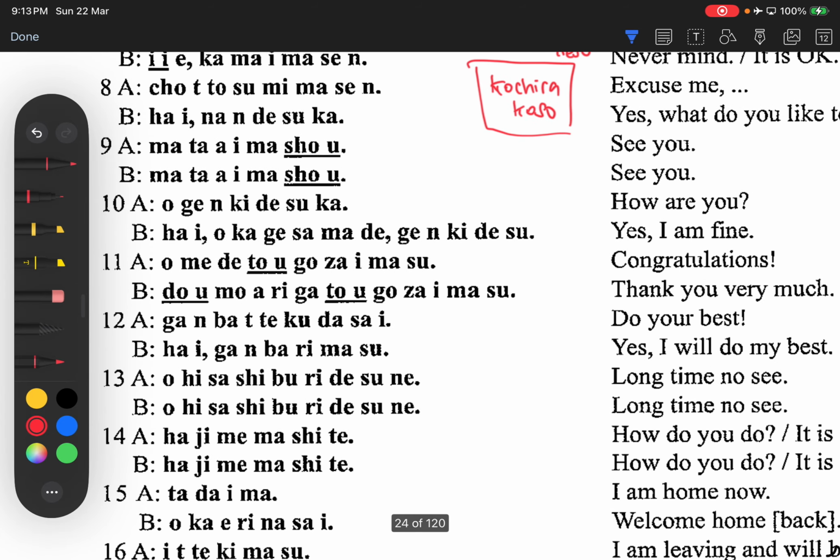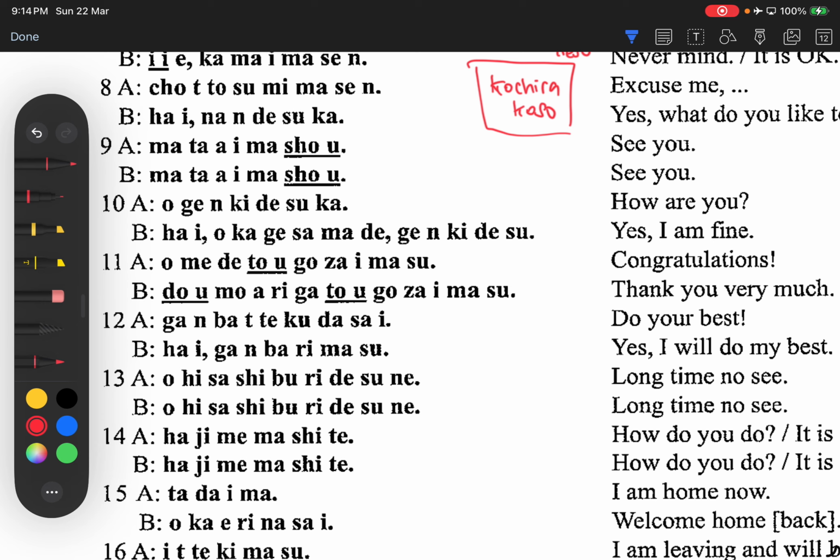Number 10a. O genki desu ka? Alright, the first character O is just a polite marker. It has no meaning, but it's there to make it more polite. Sometimes when we add O in front of words, it becomes polite.